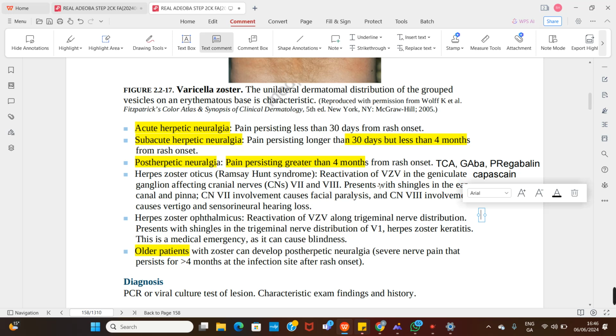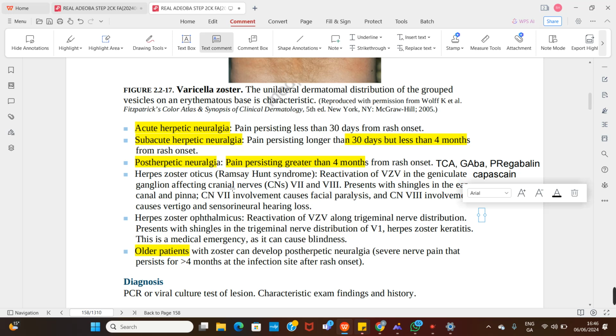And one of the nerves that is closely related to the facial nerve is cranial nerve 8. It runs with the facial nerve. So when there's reactivation from this geniculate ganglion, it can easily affect the facial nerve, right? So, number one, from the word oticus, there's going to be vesicular lesions within the pinna and the ear canal.